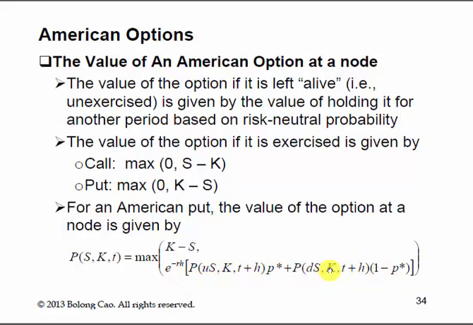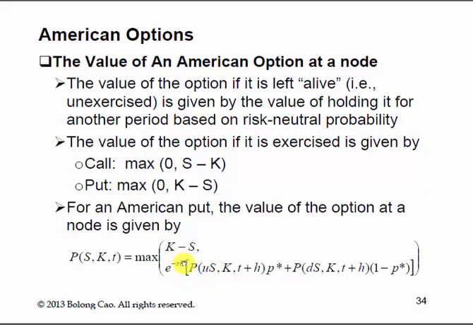And then what is this alive value? It's exactly the value implied by our binomial formula for the next period. It goes from the current value and we think about one period later, so t plus h. You have the put value in the up state and the put payoff in the down state after time period h. The up state is multiplied by p star, the risk neutral probability for the up state, and the down state by 1 minus p star, the risk neutral probability for the down state.